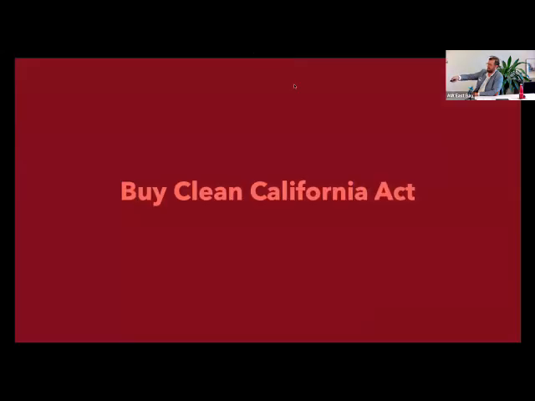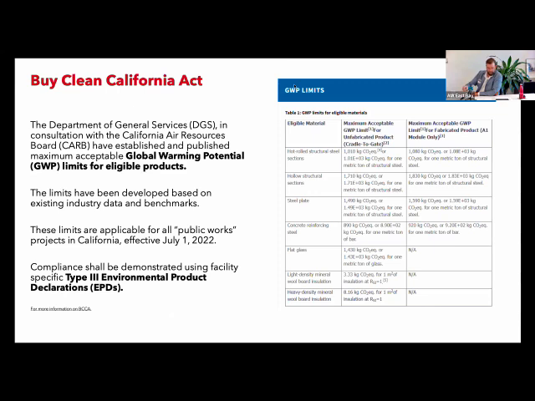The Buy Clean California Act: DGS and the California Air Resources Board have established global warming potential limits for eligible products. Effective July 1st, 2022, public work projects will need to meet these requirements, and compliance is demonstrated by using Type 3 EPDs. These eligible products include various steels, concrete, glass, and mineral wool insulation.